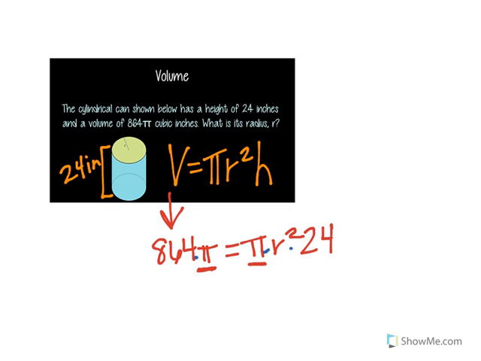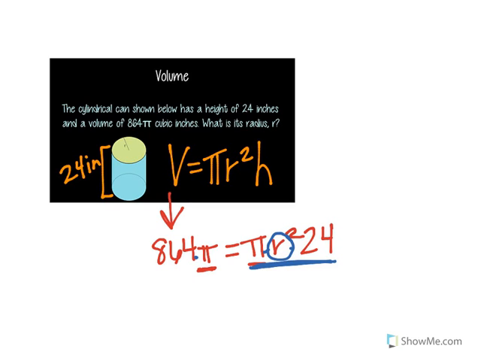So in order to isolate the radius, we want to do the opposite of multiplying, and divide by everything in the problem besides what we're looking for.